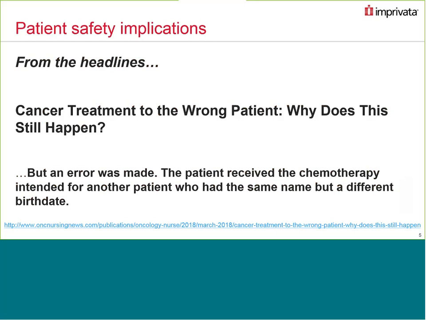That's partly because some stats around patient safety are a little hard to come by. Hospitals don't necessarily want to report all of these incidents for the reasons that you were just talking about. It's very much a trust issue. Obviously, when they have to report, they do, but it's often in the headlines that we see examples like the one on the screen, where a cancer treatment was given to the wrong patient.